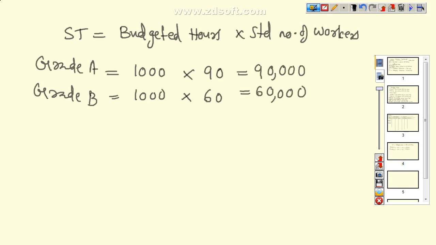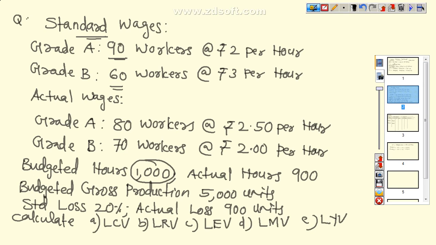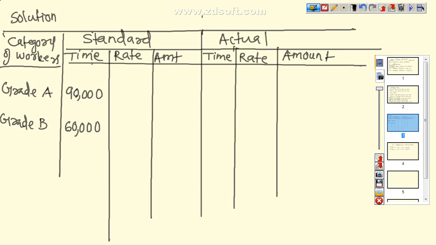In this table we write 90,000 and 60,000. According to the question the rate is given as 2 for grade A worker and 3 for grade B worker, so we write 2 and 3.